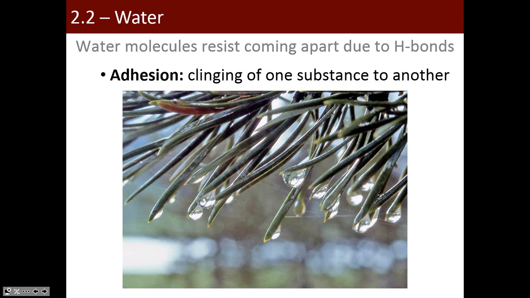So here in this picture, we have these individual evergreen needles, right? And again, dewdrops hanging from the underside of those needles, right? The droplet itself is cohesion. The water molecules are sticking to each other. And then the droplet adhering to the needle, that's adhesion. It's hanging from that. And again, just like surface tension, there's a limit, right?